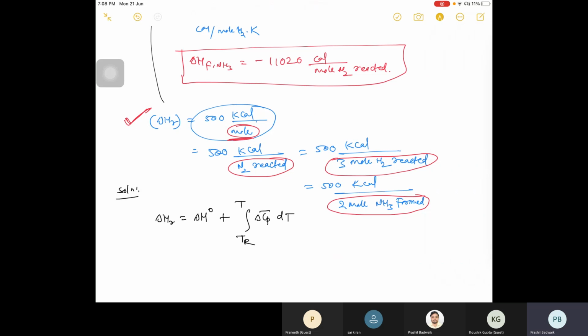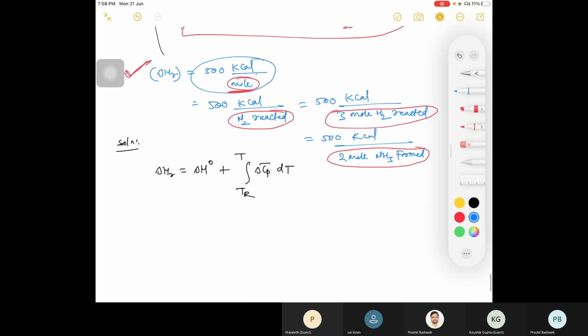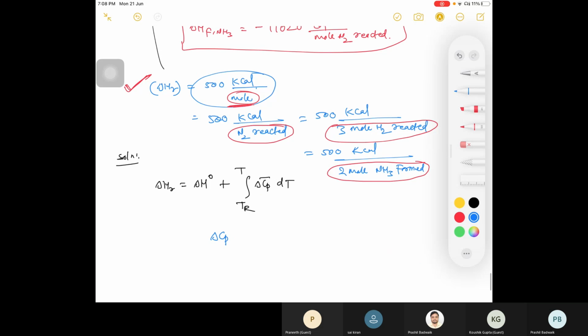Right? Can you calculate delta Cp here? How can you calculate delta Cp? Summation of nu i Cp i. Okay, you can calculate this.